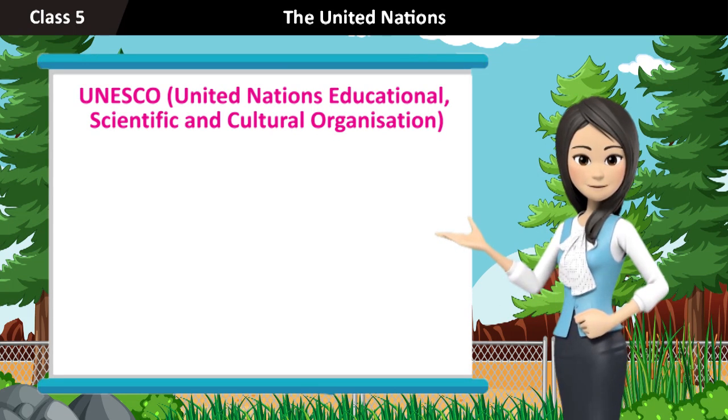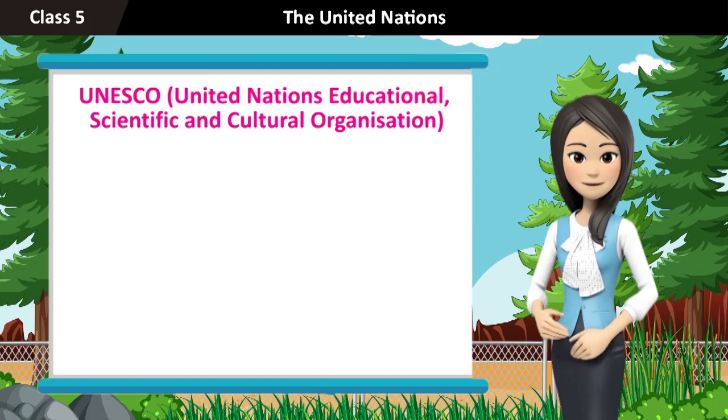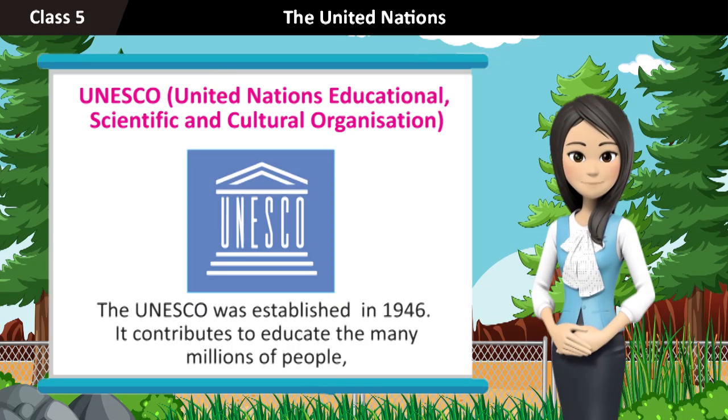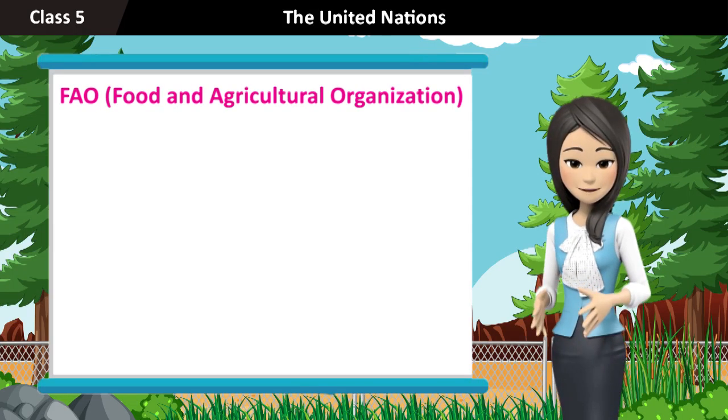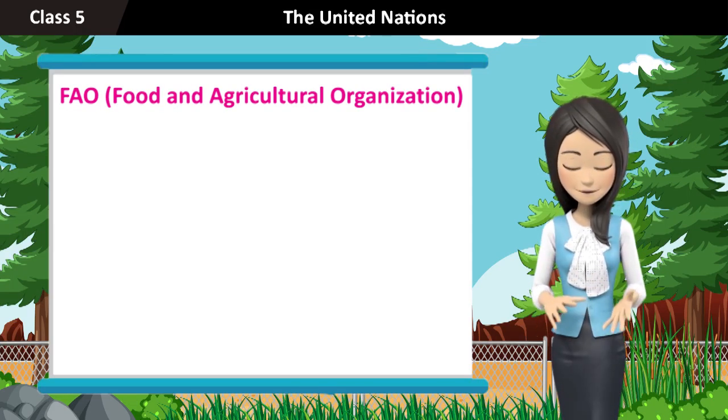UNESCO, United Nations Educational, Scientific and Cultural Organization. The UNESCO was established in 1946. It contributes to educate the many millions of people, young and old, who cannot read or write, and protects human rights. FAO, Food and Agricultural Organization.